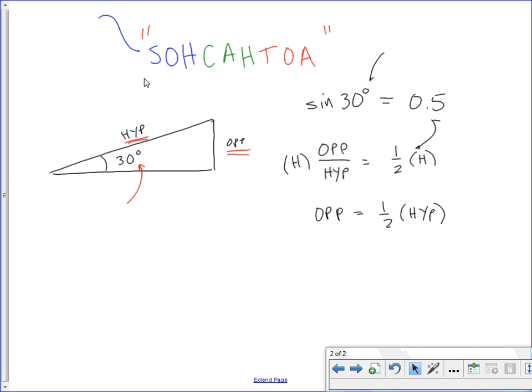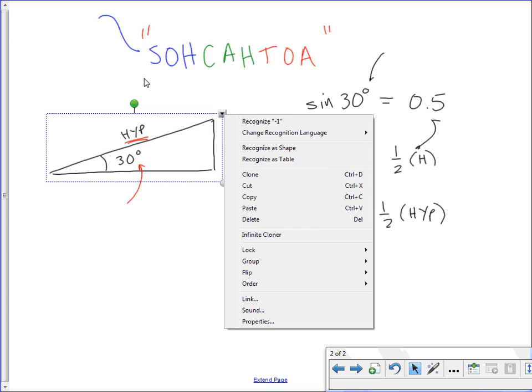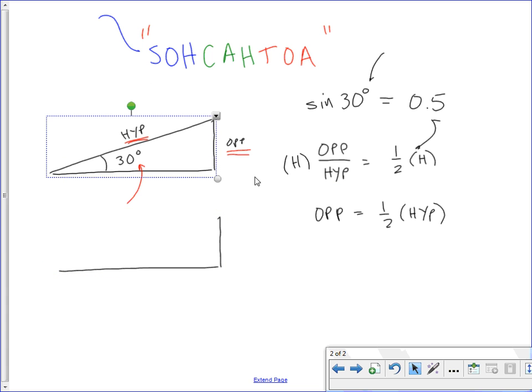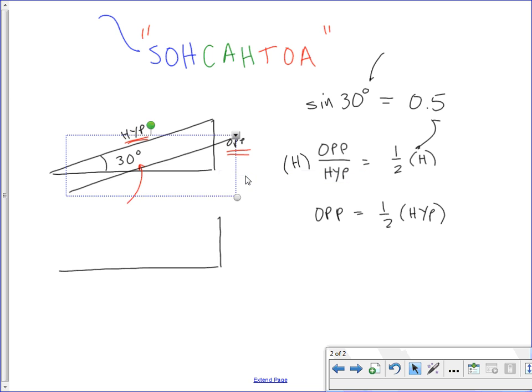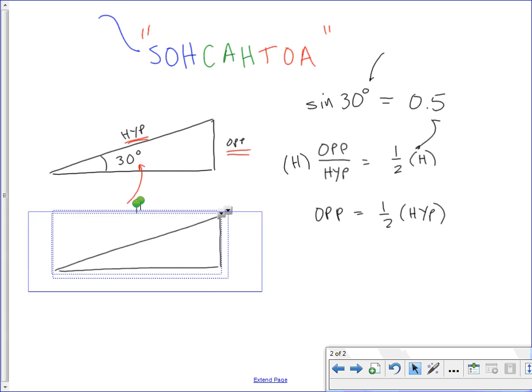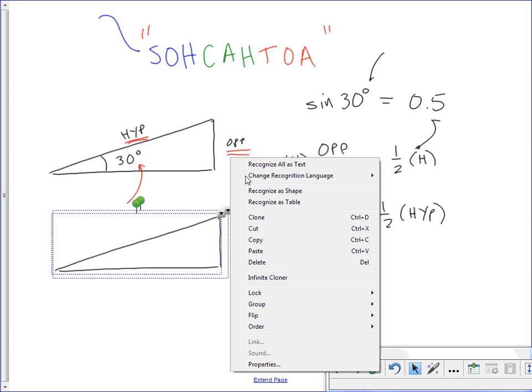So, let's say the hypotenuse was, let's draw this same triangle, clone. Let's move this down here too, and group these.